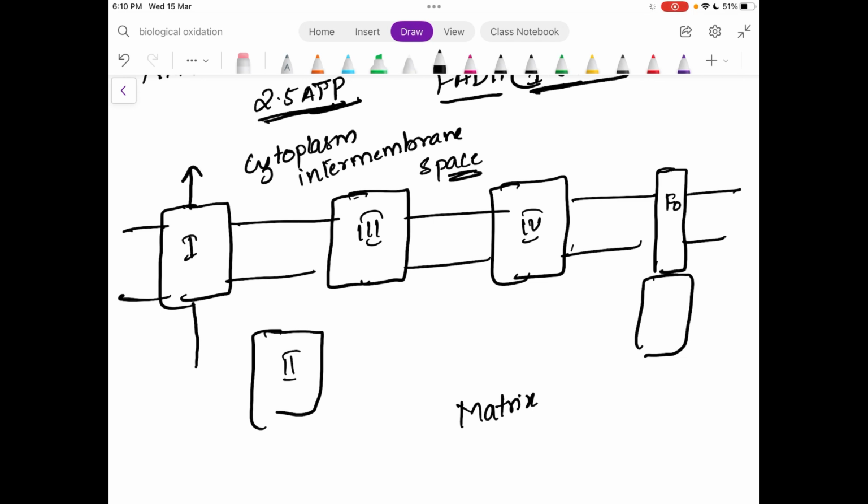There is movement of protons in complex 1, that is 4 protons from matrix to intermembrane space. Complex 2 doesn't cause any movement of protons.